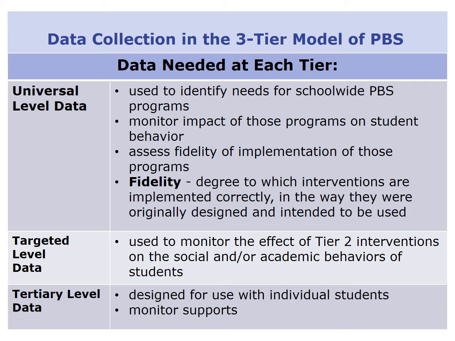Fidelity is the degree to which interventions are implemented correctly in the way they were originally designed and intended to be used. Targeted level data. Used to monitor the effectiveness of Tier 2 interventions on the social and/or academic behaviors of students. Tertiary level data, designed for use with individual students, used to monitor supports.